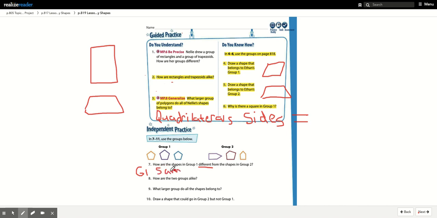Not the same size, but they all have the same length. Let's look at the difference for group 2. So these all have the same length. If you're saying that not all the sides are the same for group 2, you're right.